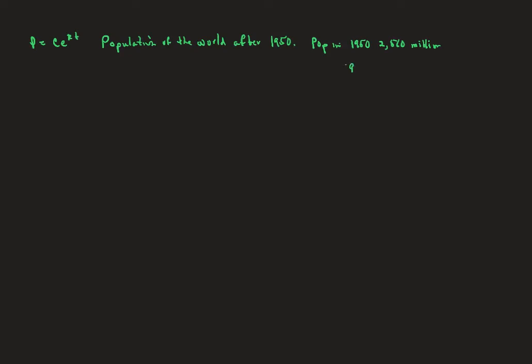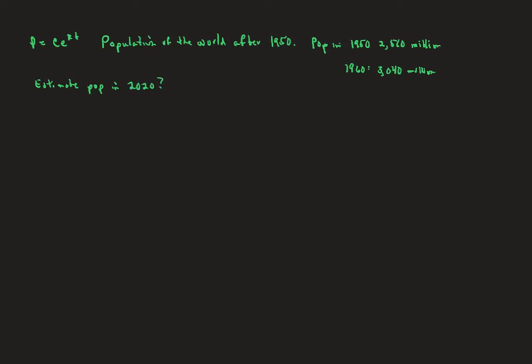The population in 1960 was 3,040 million, so 3.04 billion. Can we use that to estimate what the population would be in 2020?